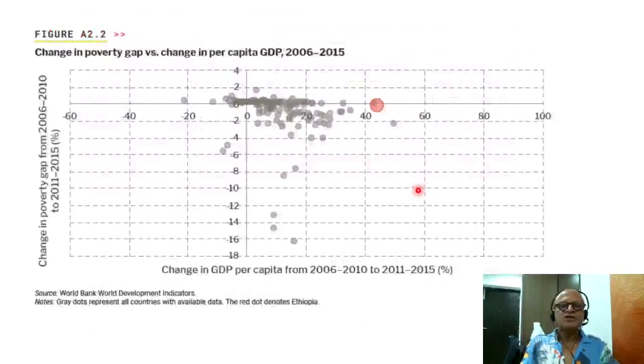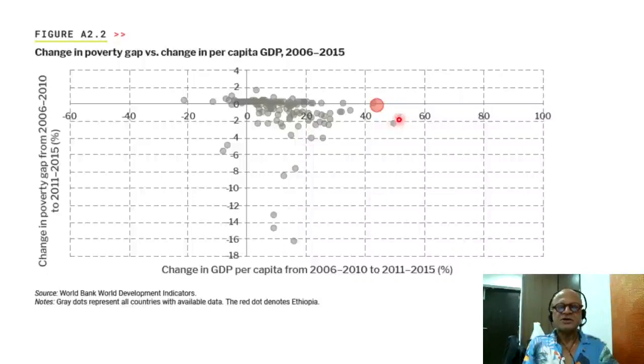Okay, so we looked at this here: change in poverty gap versus change in per capita GDP. So you can see that it's very flat in the sense that the change in poverty gap from 2006 to 2010 compared to 2011 to 2015 has not changed for many countries and is in fact negative for many of the countries.